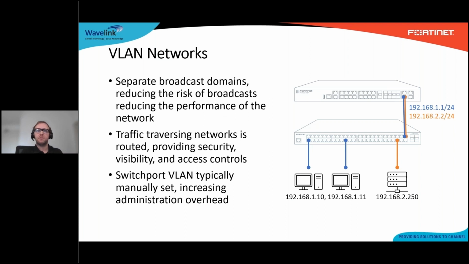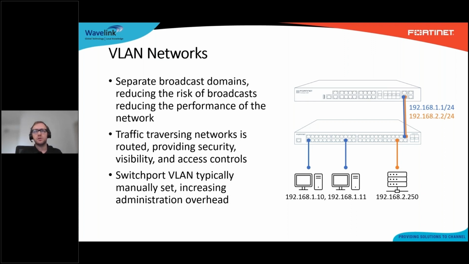So the first is because each IP subnet is now on a separate broadcast domain, when a device sends out a broadcast, that broadcast is only sent out to devices within the same broadcast domain or within that same VLAN. So in the example that we had before, we had a PC sending out a broadcast and then the server was able to receive it as well.